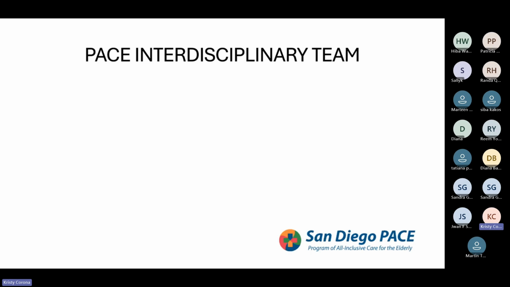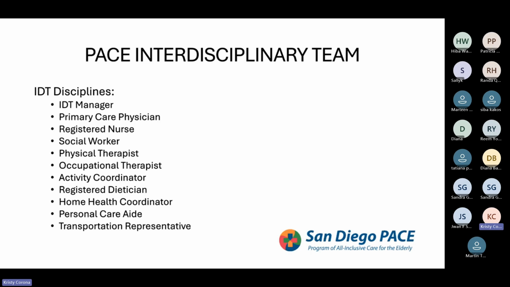And the way those are structured, we basically have the mandatory IDT members, which include an IDT manager. And each IDT manager has a primary care physician, registered nurse, a social worker, physical therapist, and occupational therapist, the activity coordinator, registered dietitian, home health coordinator, personal care aide, and transportation representative.